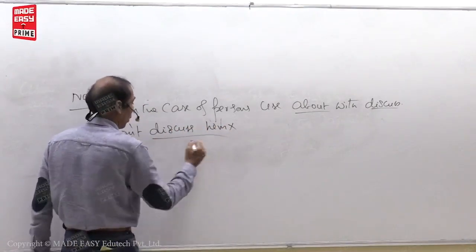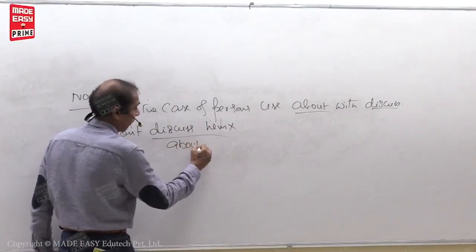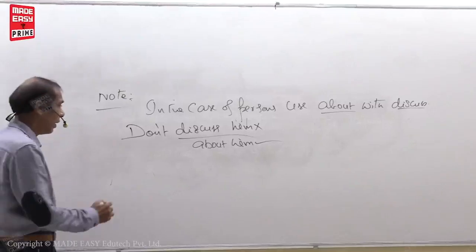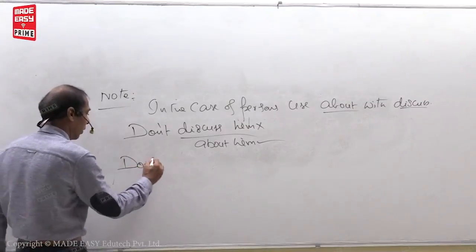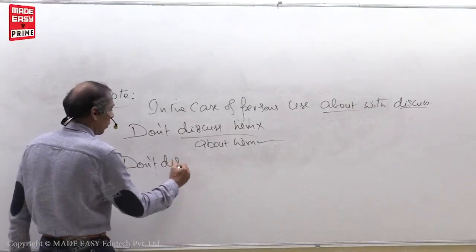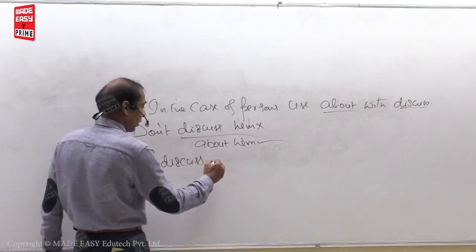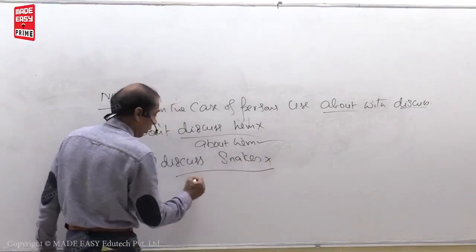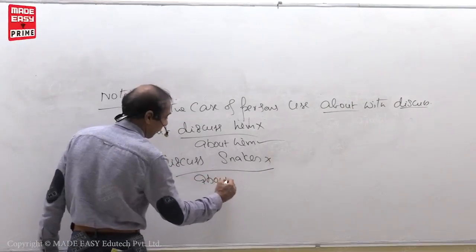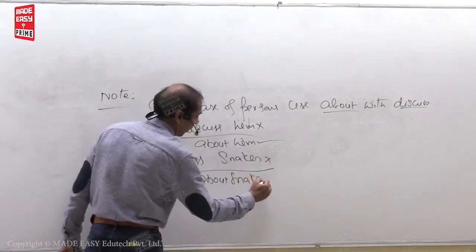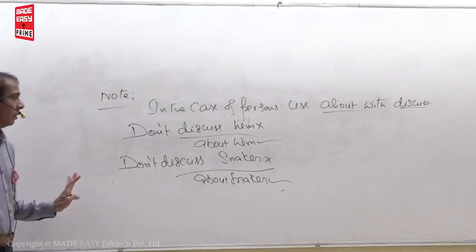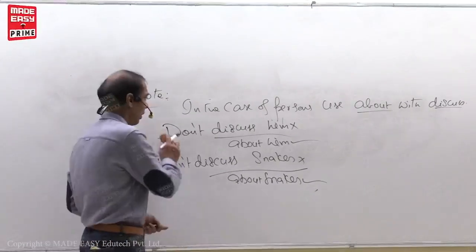Wrong. Don't discuss about him. Okay. Similarly, see, don't discuss snakes. Wrong. Don't discuss about snakes. Okay. Right. Next.